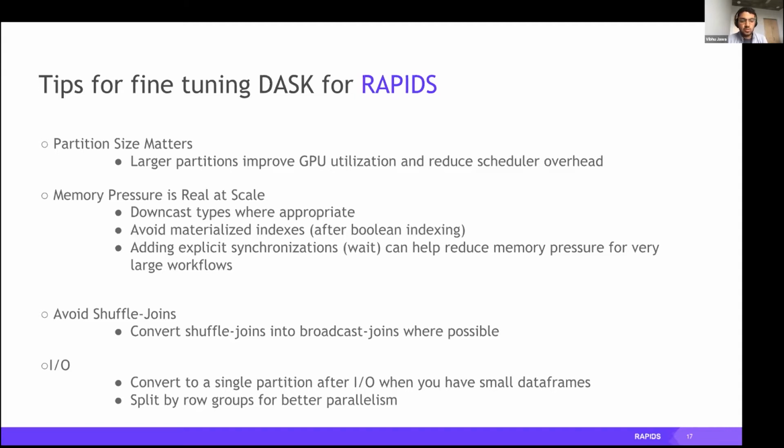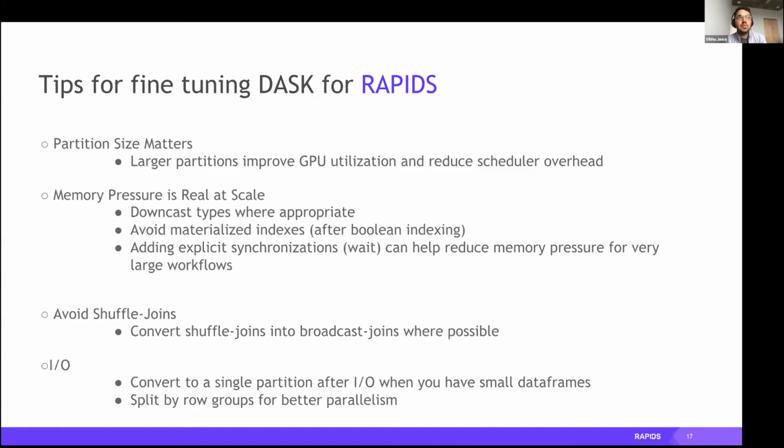Another thing to note is that because everything is now really parallel, if you can convert your shuffle joins into broadcast joins, it becomes really fast. And then on the IO front, you can often convert to a single partition after IO if you have a lot of small DataFrames.